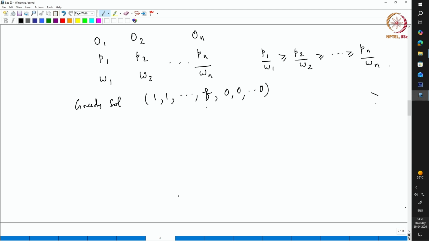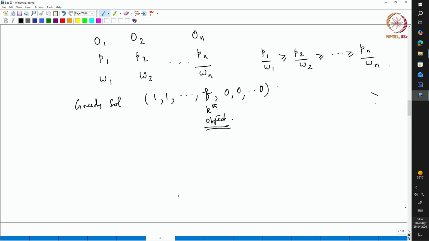So, this is going to happen in the kth object. This f is less than or equal to 1. That is the last object I could take, and that would fill the capacity.